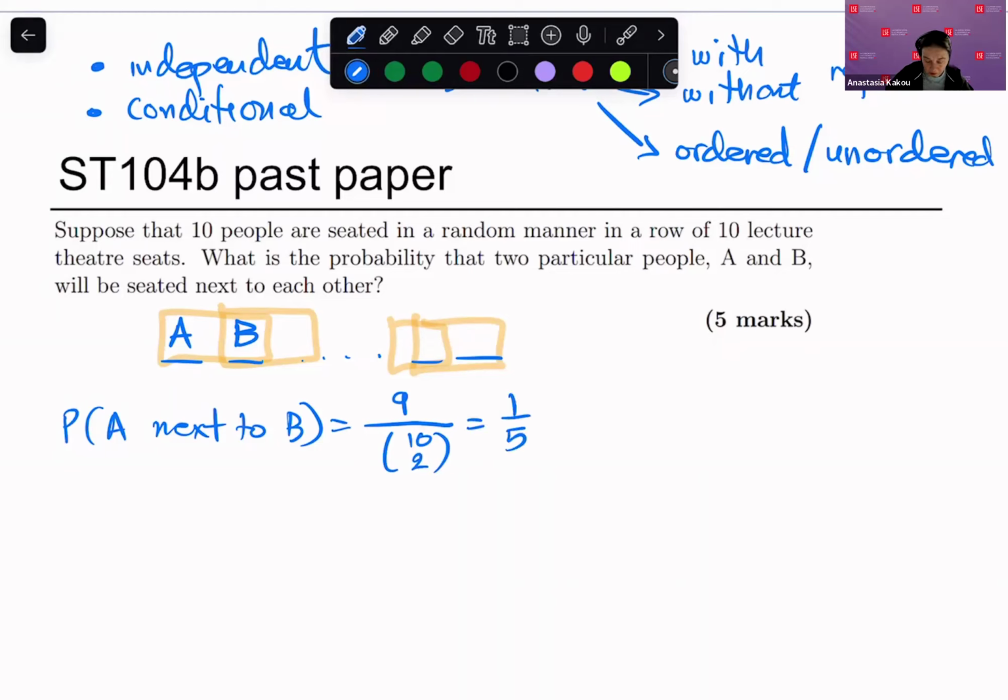And in this method, we are assuming unordered seating.